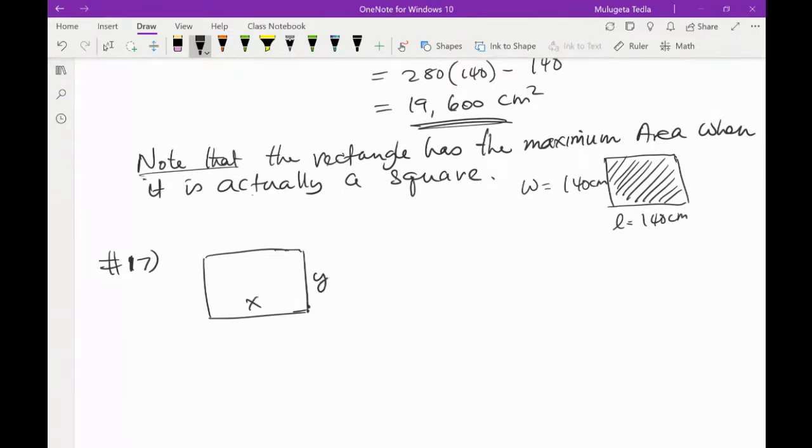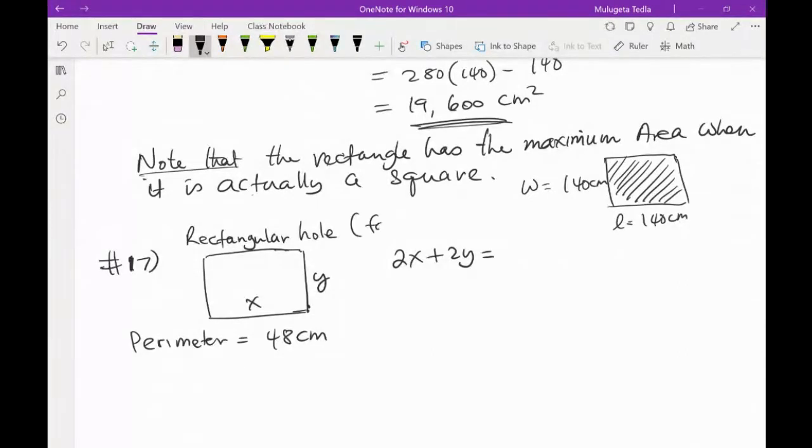So if this is x and y, then 2x plus 2y equal to, well, I'll give you the information. Perimeter equal to 48 centimeters. This is the hole, rectangular hole for a vent.